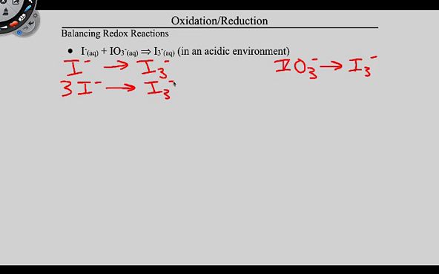Then similarly, we will balance the iodines here, and we will go 3IO3 minuses yields I3 minus. Are we good there? Okay, so now we've got all of the elements balanced other than oxygen and hydrogen.